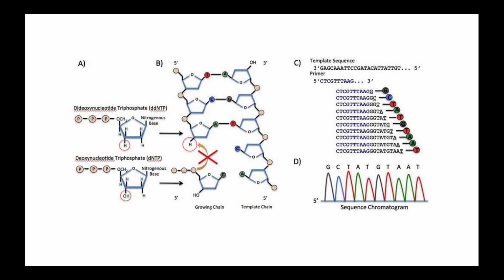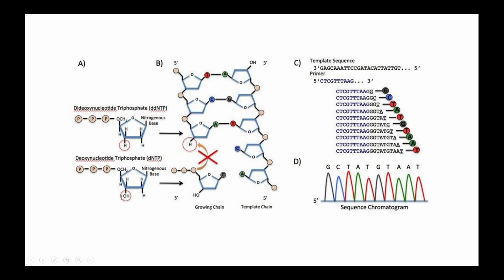So basically, dideoxynucleotide means the 3' OH is lost, the oxygen of the 3' carbon is also lost. Generally the nucleotide that is incorporated in the DNA is a deoxynucleotide that has a 3' OH group. But in a dideoxynucleotide, the 3' OH group is also removed from this position.